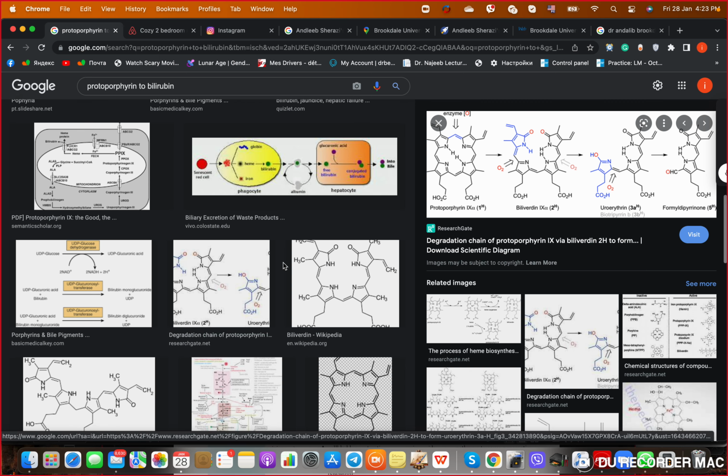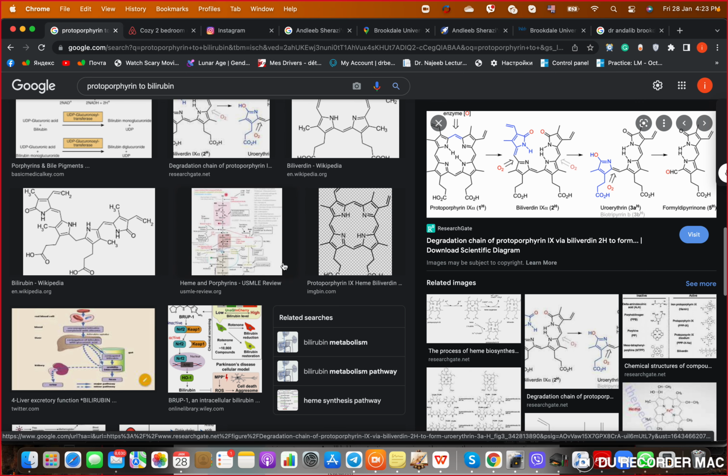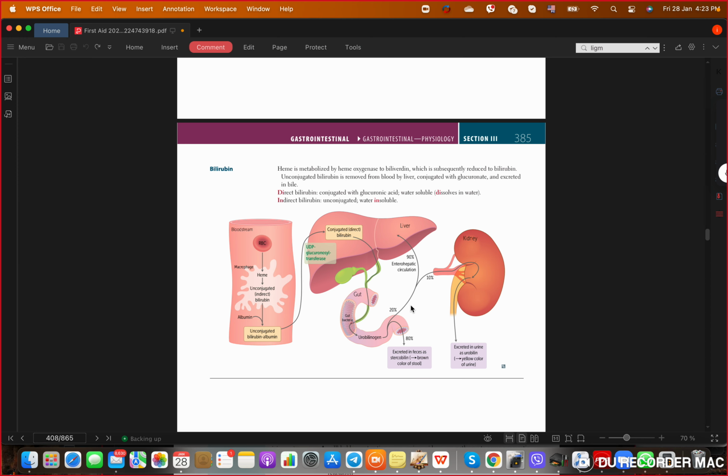Do you understand that concept? So heme is made up of iron and protoporphyrin. Protoporphyrin is converted into biliverdin and then into bilirubin. Good. But it's unconjugated bilirubin, indirect bilirubin.